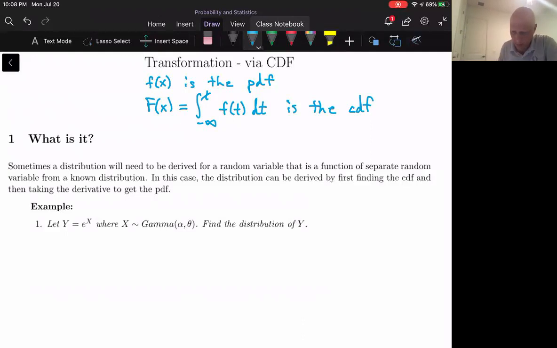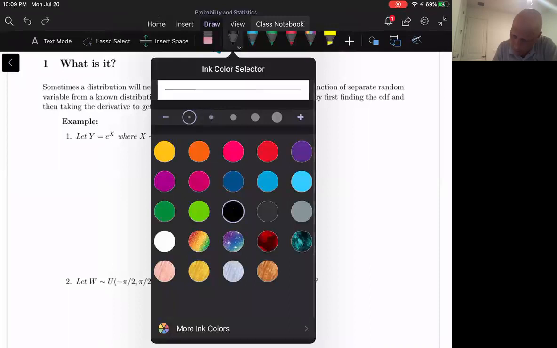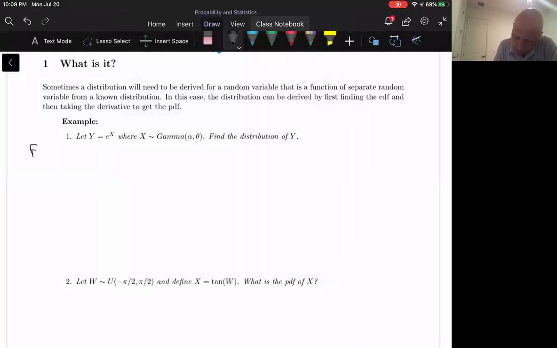For this first one, we want the distribution of Y. Y is equal to e to the X power. X has a known distribution, the gamma distribution, with parameters alpha and theta. So first we want to figure out, well, what is the CDF? First principles says that F of y, because we want the CDF of Y, is the probability that capital Y is less than or equal to little y.